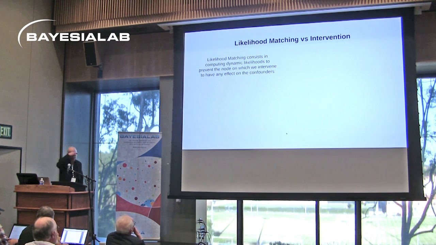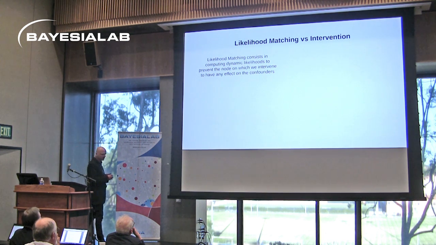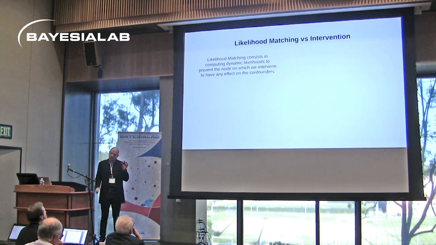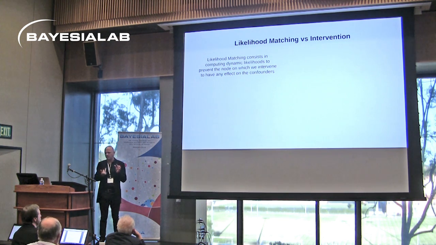So here, a few words about the difference between likelihood matching and intervention. The way we are doing likelihood matching is we have implemented a kind of dynamic Jouffe rule. The original idea was to have a probability distribution, so you have to compute a likelihood distribution.